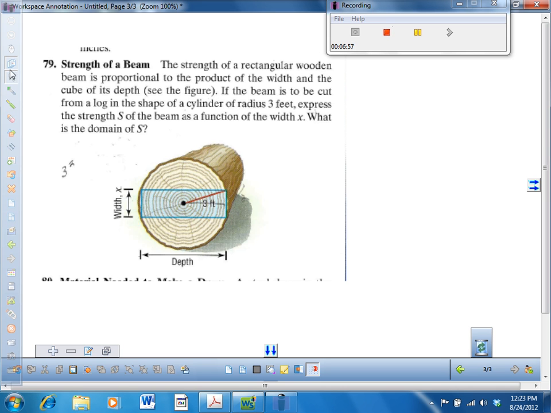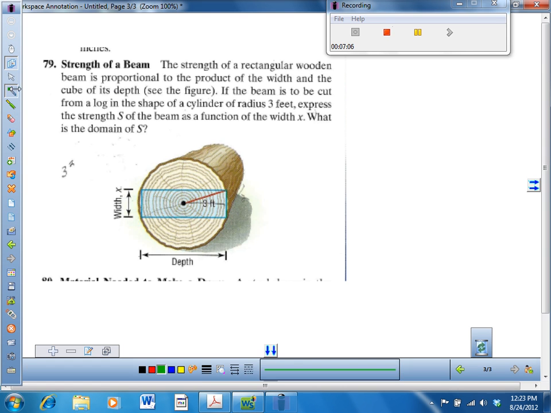Okay. So you have this tree here, and you read the problem, and it says that if the beam is to be cut from a rectangular wooden thing where the width, this is the width, right? What you can do is see this little triangle right here. What you need to do is find the depth.